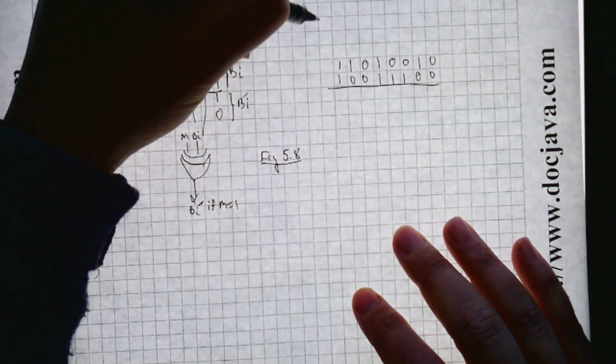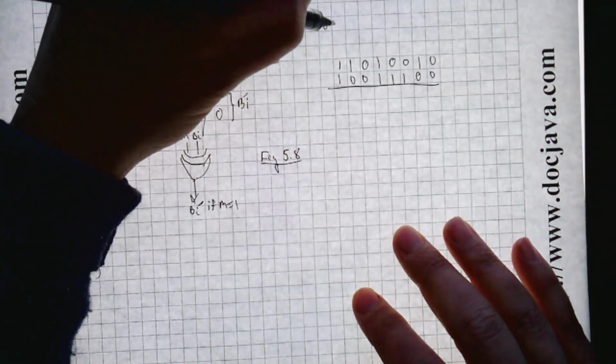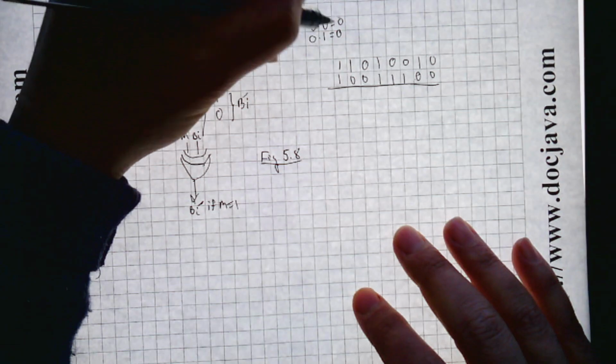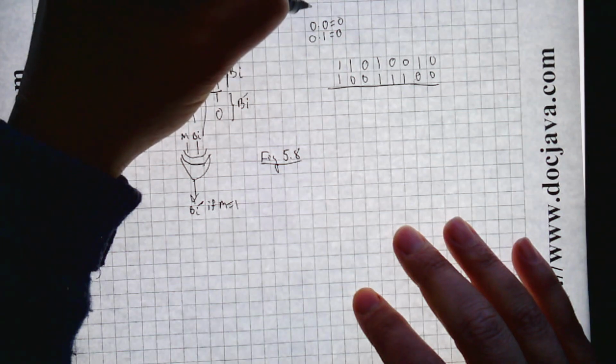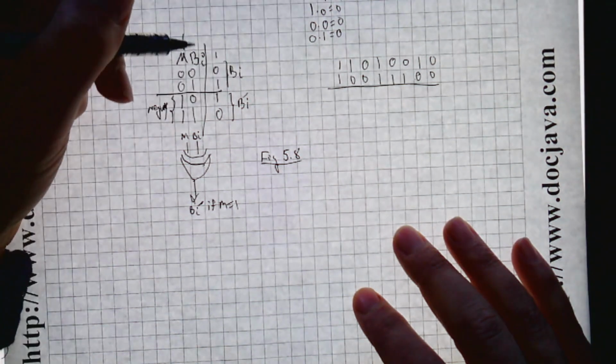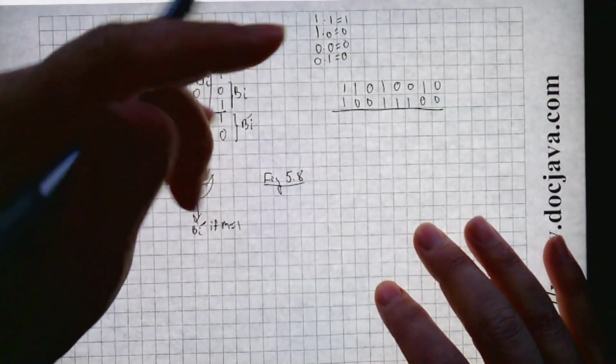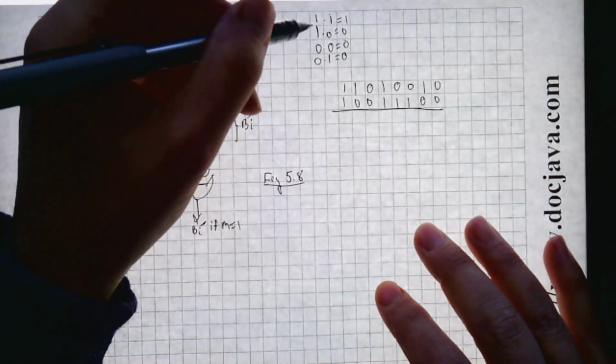So here's the rules. 0 times 0 equals 0. 0 times 1 is equal to 0. 1 times 0 equals 0. 1 times 1 is equal to 1. So we know something about these things. That's the identity.